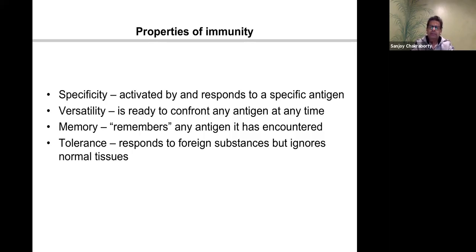If you make a key for one lock and take it to the locksmith a second time, if he or she saved that data, they can make it in 2 minutes. They don't need 5 days anymore. Same concept. And the final one is tolerance. A very interesting concept, although the detail of it is not in your syllabus.